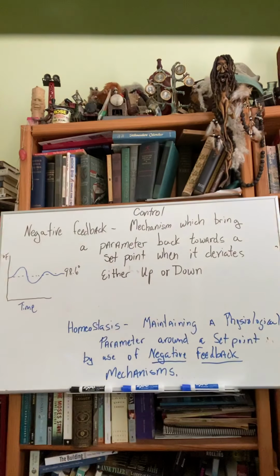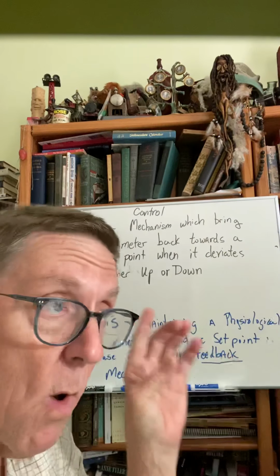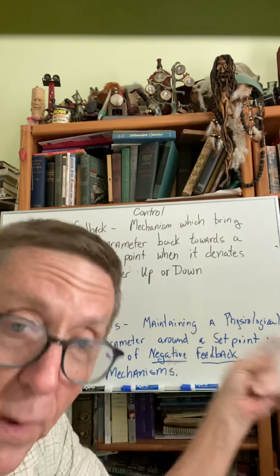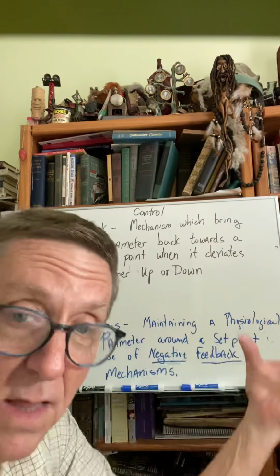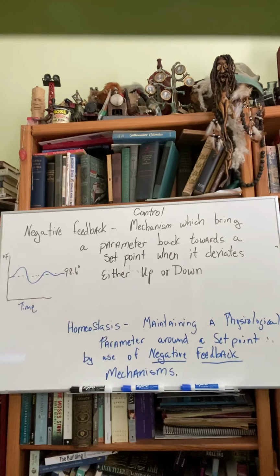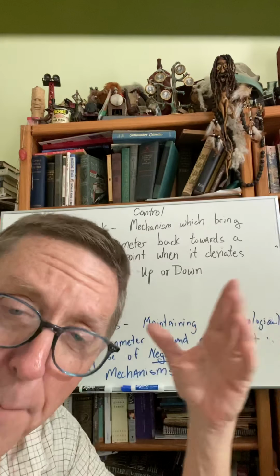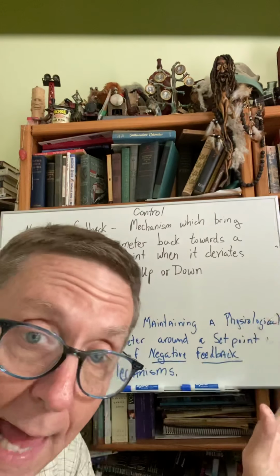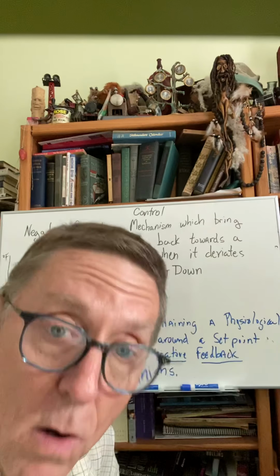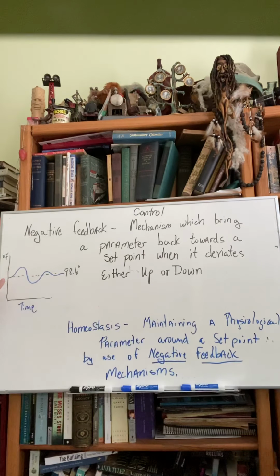So when we talk about body temperature, if you were to take your temperature when you are out exercising, mowing the lawn, even laying in the sun, you say, oh no, I got a fever. No, you don't. Your body has just warmed up above the set point. It's okay. What happens? You start sweating. So as temperature deviates from the set point and it's rising, your body starts sweating.